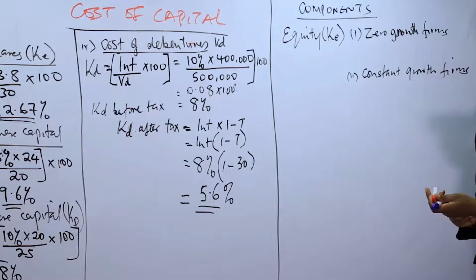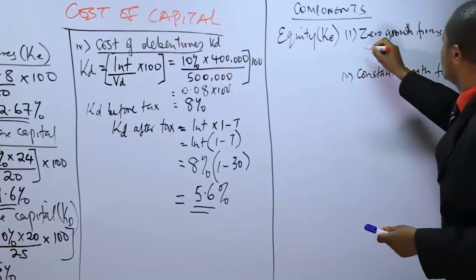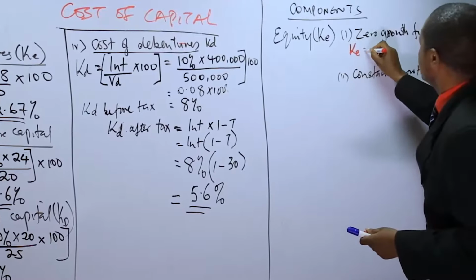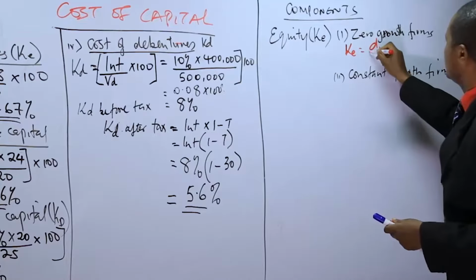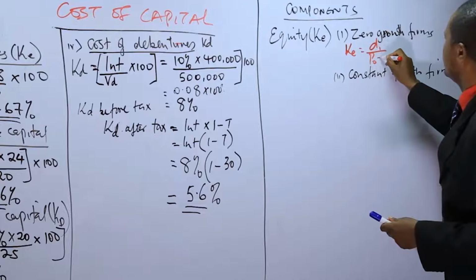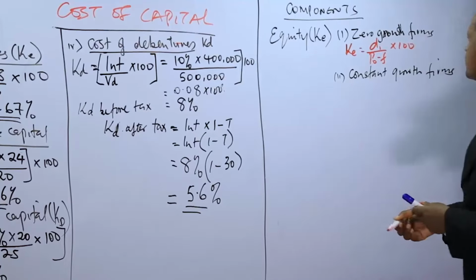So the cost of equity for zero growth firm, KE, you have said, is equal to D1 over P0 minus F times 100.